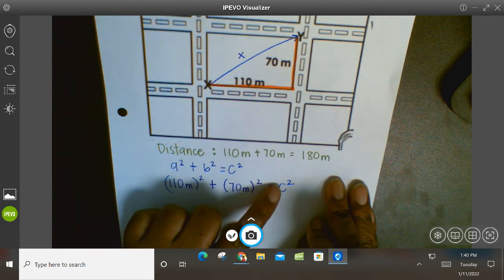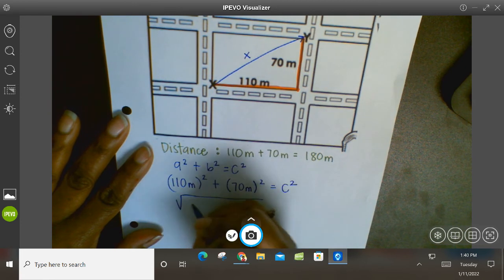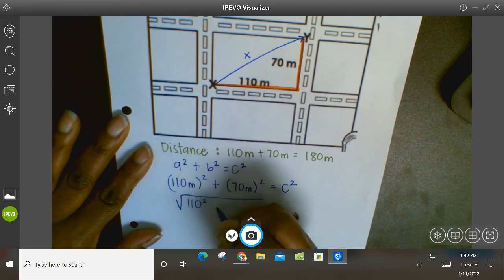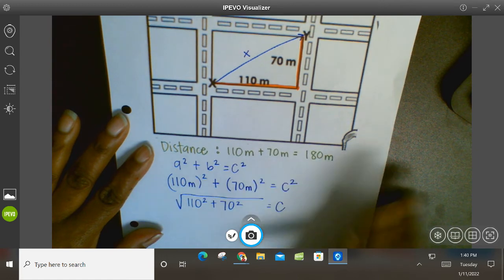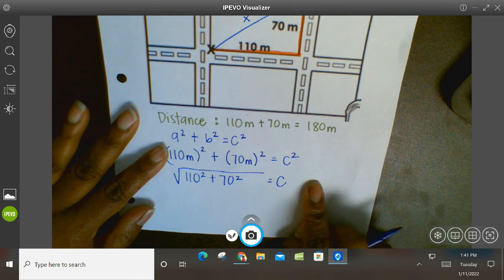I have to do the opposite operation, right? So what's the opposite of squaring? The square root. There you go. So it's going to be the square root of 110 squared plus 70 squared equals c, which is the distance that Xavier would fly.